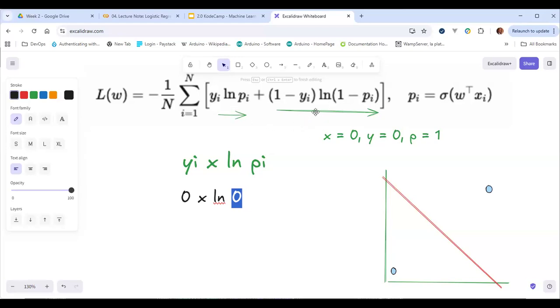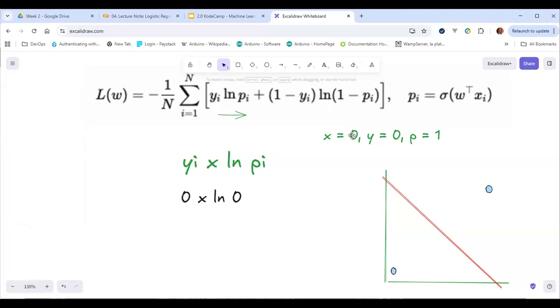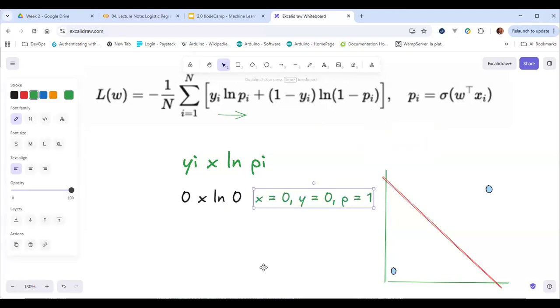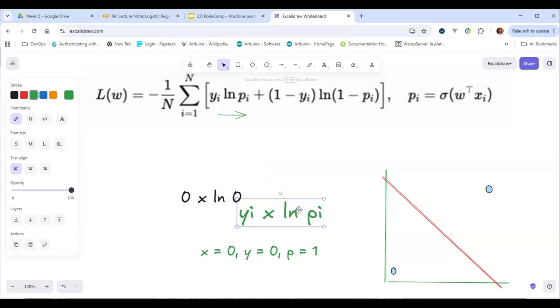But when y is 1, then this second piece disappears because 1 minus 1 is 0. So 0 times this, it kind of disappears. It's nullified, and this one prevails. So effectively, it is a piecewise equation. That's how you should look at it, how you can interpret it.